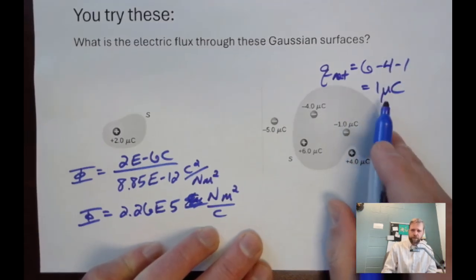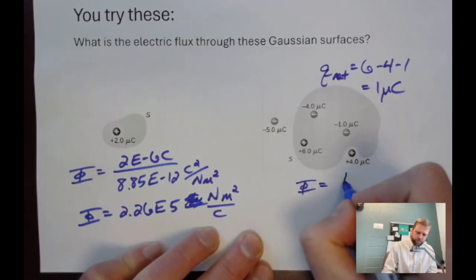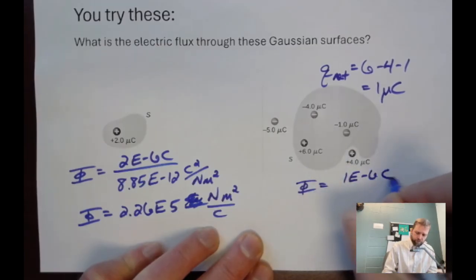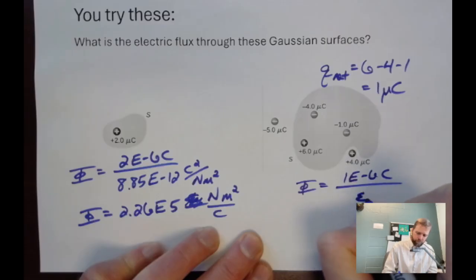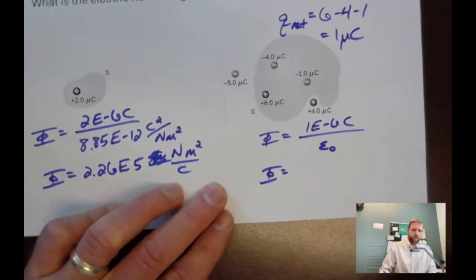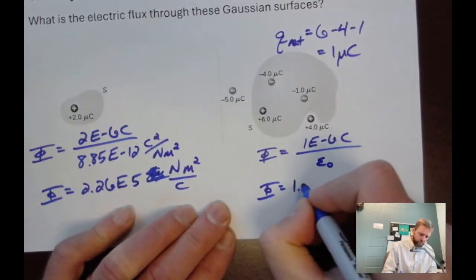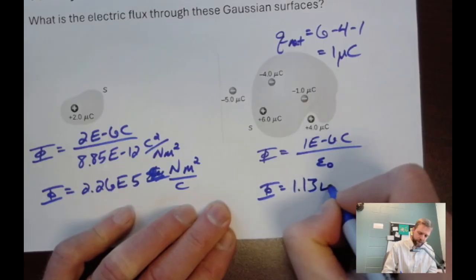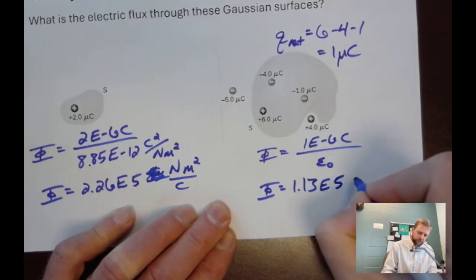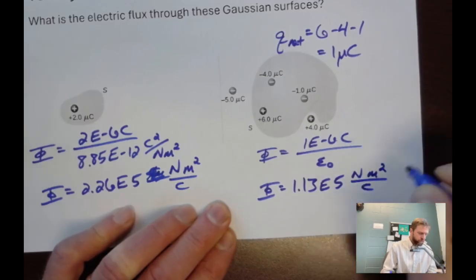So that's what's going to go in my equation. And when I crunch these numbers, I got 1.13 times 10 to the 5 newton meter squared per coulomb.